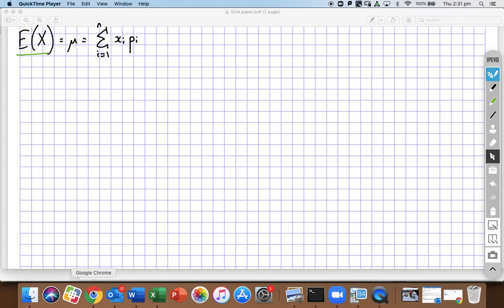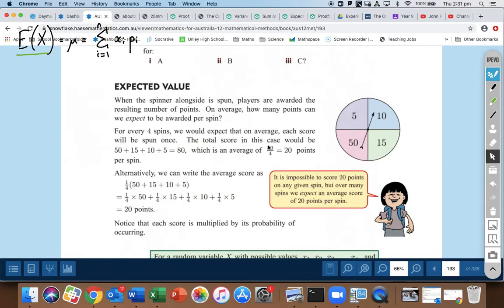Now, just look at the book. They use a spinner here. So for an experiment or when the mean is theoretical, the mean that you get will not be exactly the same as one of the values. Well, it could be, but it probably won't be.